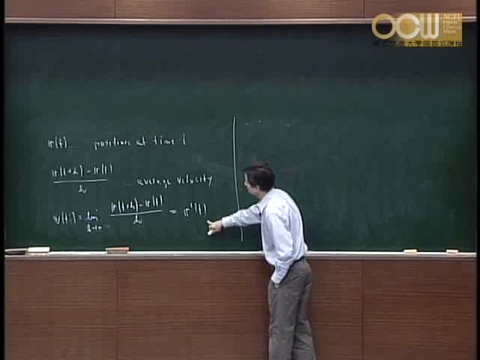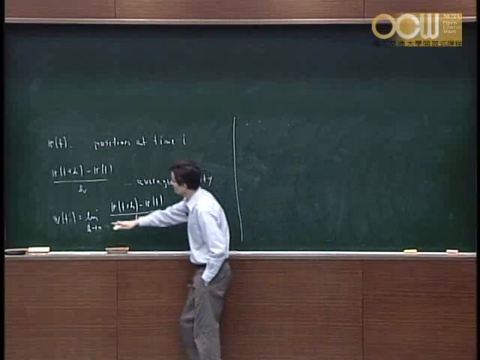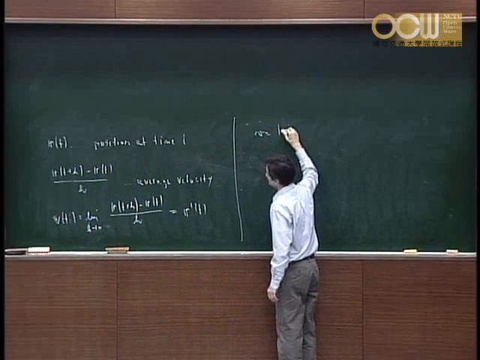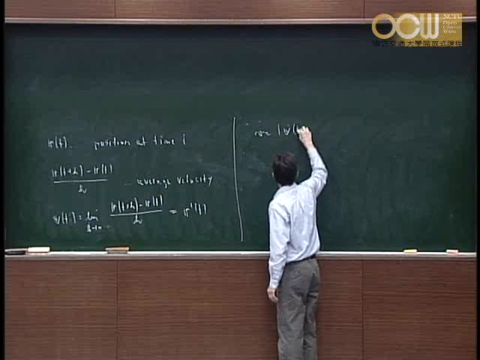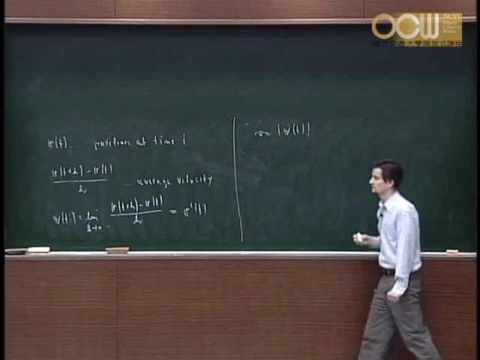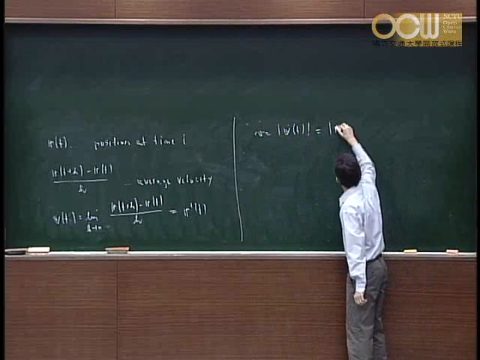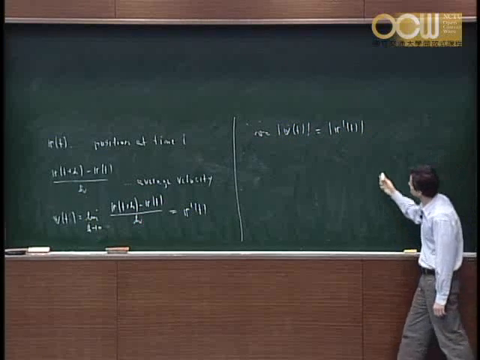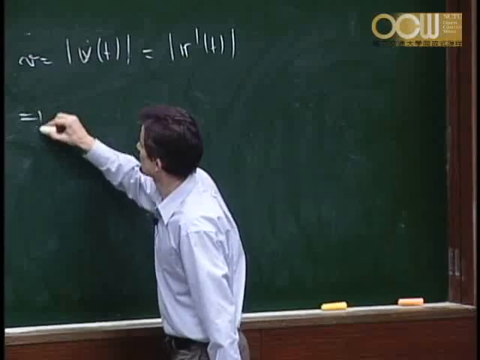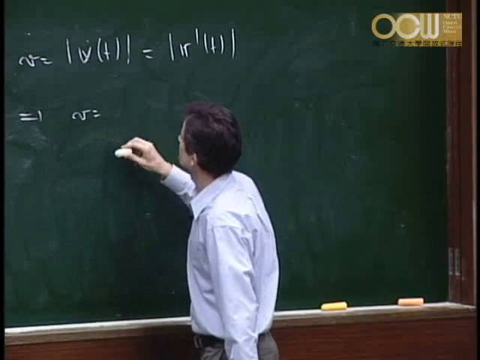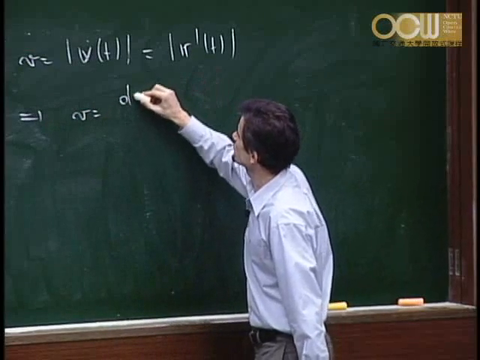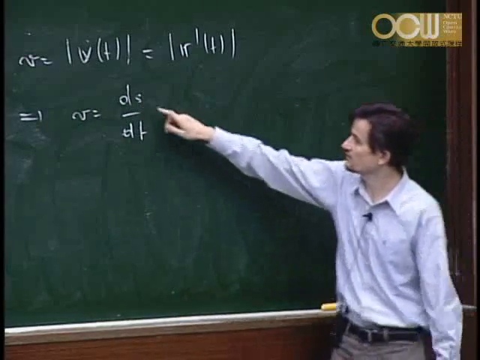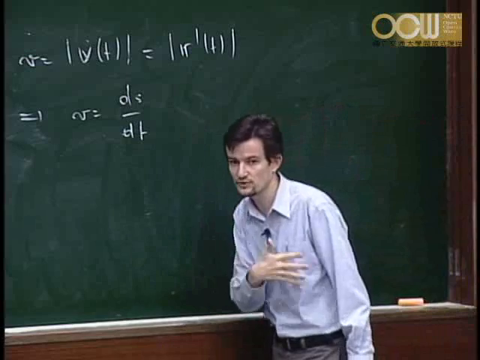Now you see that normally the length of this vector is the speed. So the speed is the length of this vector here. And this makes sense because we saw already that we can express this as the derivative of the arc length, which is the amount of way you have traveled.